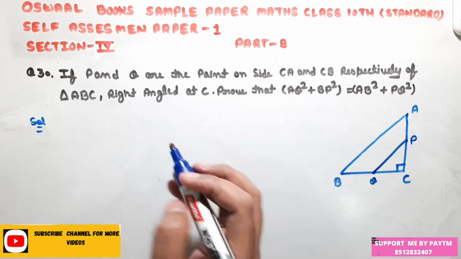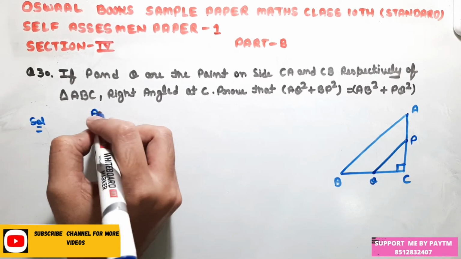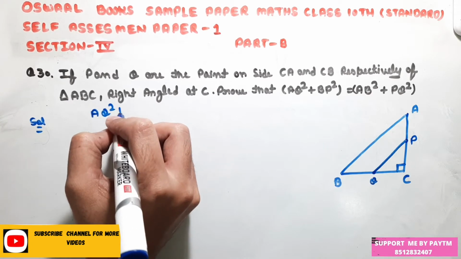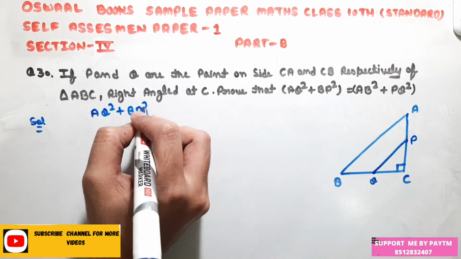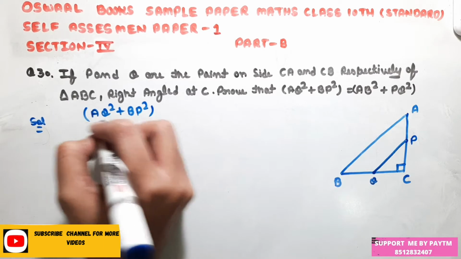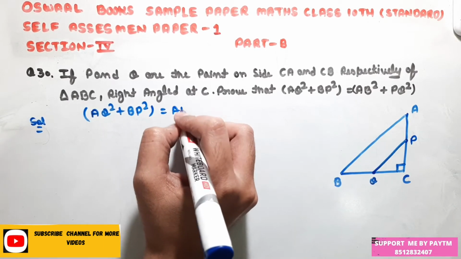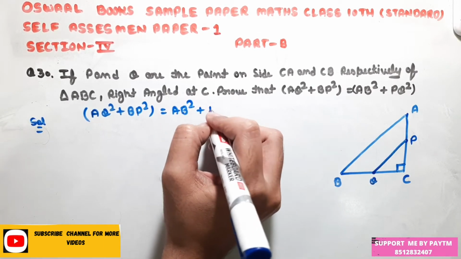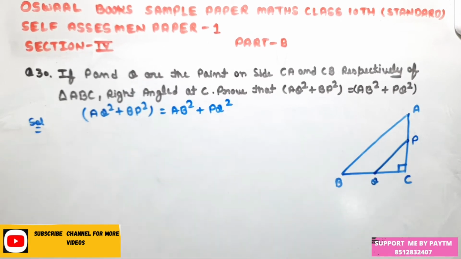We have to prove AQ square plus BP square equals AB square plus PQ square.